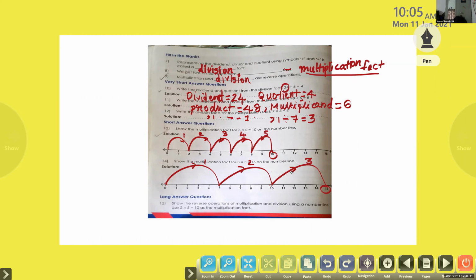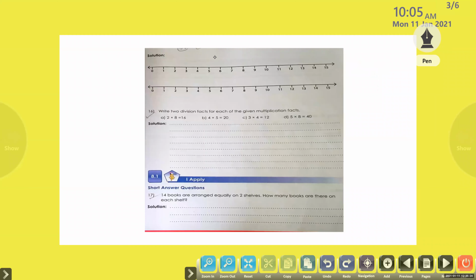Use 2 into 5 is equal to 10 as multiplication fact. My dear children, you have to do like this. In the first number line, you have to show 2 into 5 equal to 10. And in the next number line, you have to show 10 divided by 5 is equal to how much? That you have to find out using the number line.